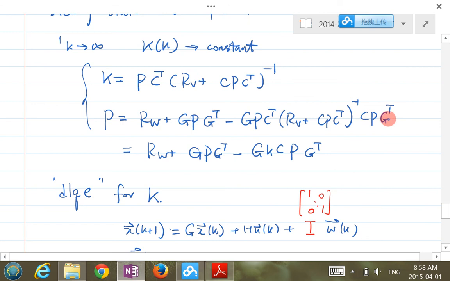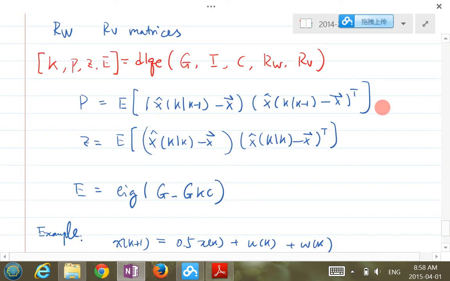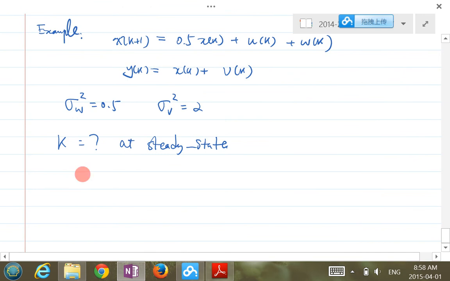So based on this equation here, what is the value of RW? What is the value of RV then?